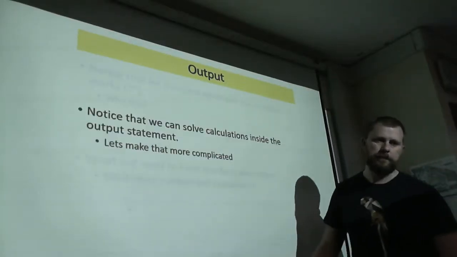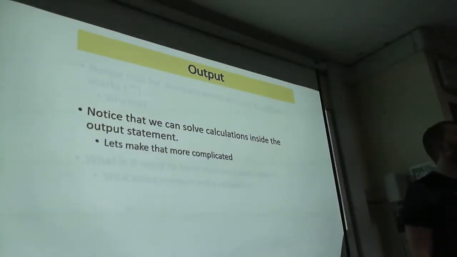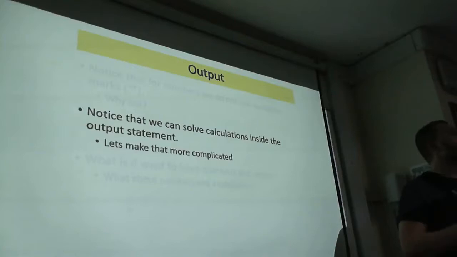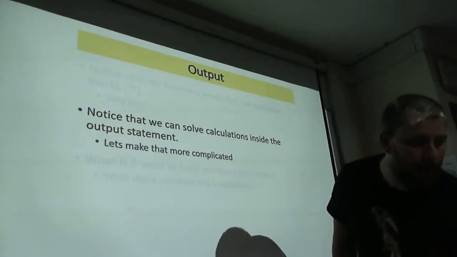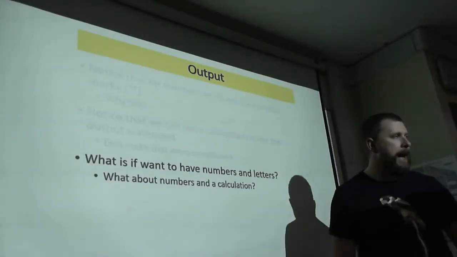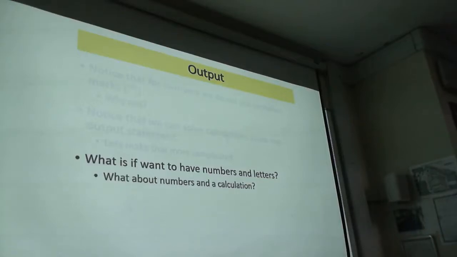So we can't solve calculations when they're inside quotation marks. But when we remove them outside of the quotation marks, we can solve them. And we can combine the two of them. We can have numbers and letters in the same printout statement. And not only that, we can have letters and we can have a calculation in the same printout statement.